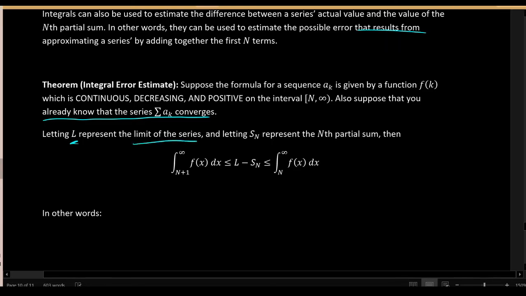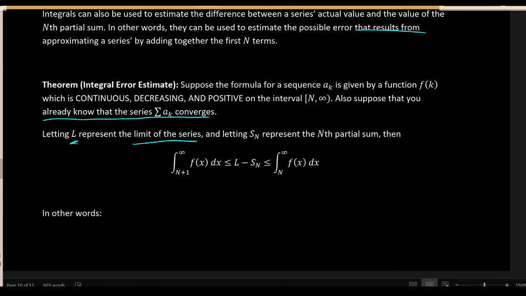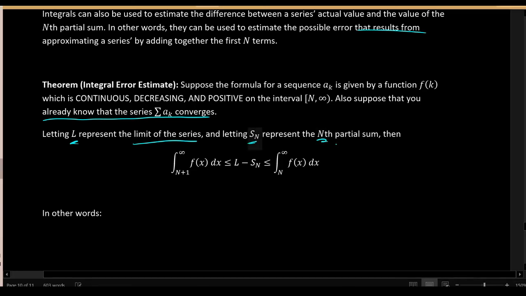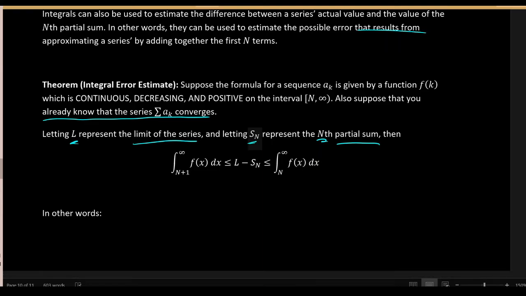So here is your idea. Your idea is not to try and add up all the numbers in the series. Your idea is just to try and add up the first n numbers in the series. If you only add up n numbers, how close are you, roughly speaking, to the series' actual value?